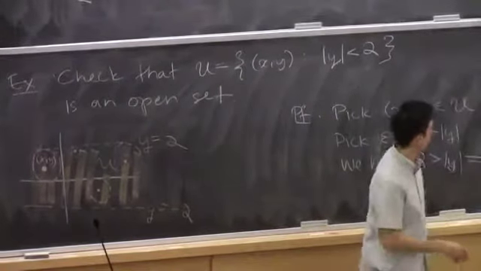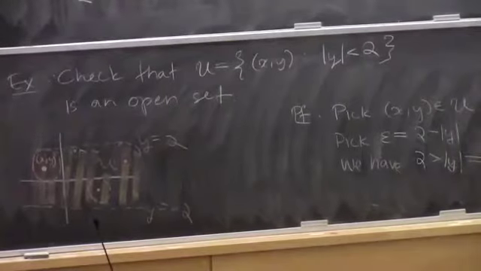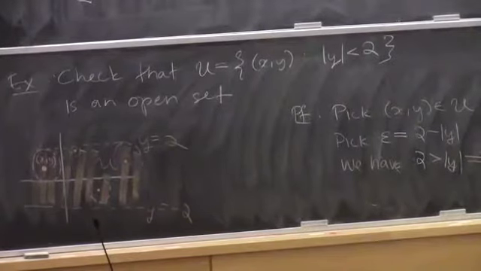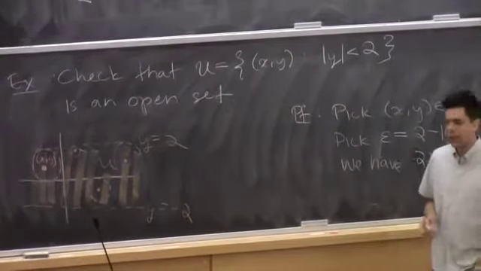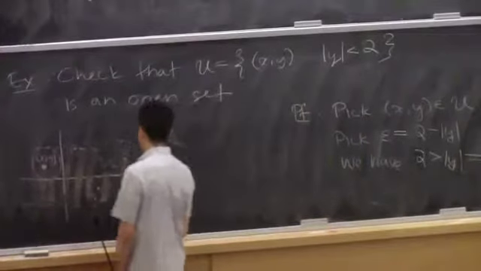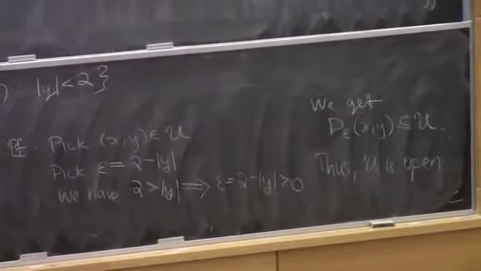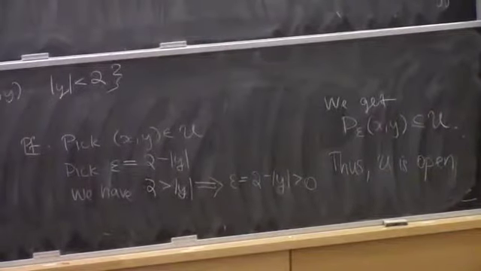Okay, this point lives inside U. So thus, this U is open. Okay, and as our point moves closer and closer to the boundary, it'll get a smaller and smaller disk. Okay, very good. So that's an example of an open set.